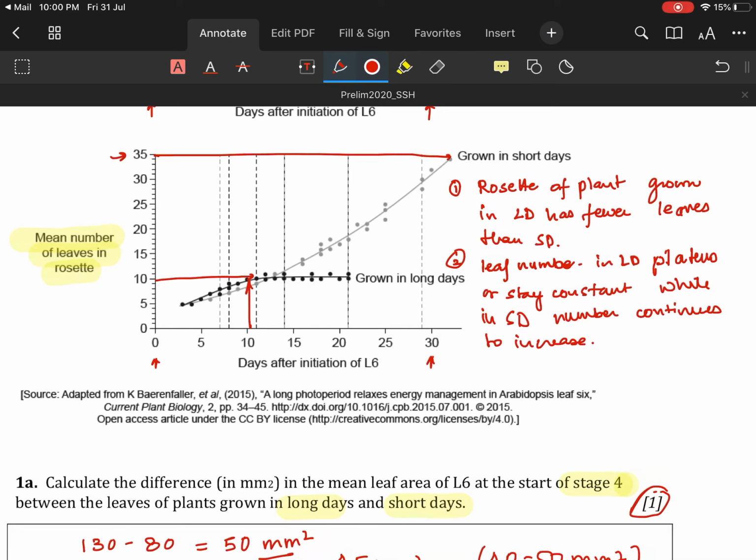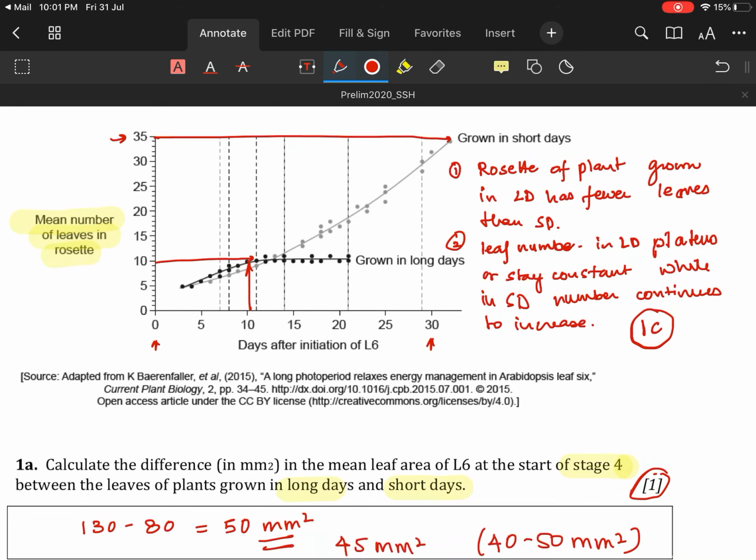So that is the difference you can see. I'm answering this question here so that it's easy for you to see. This is part 1C, 2 points. You can talk about these 2 points here.